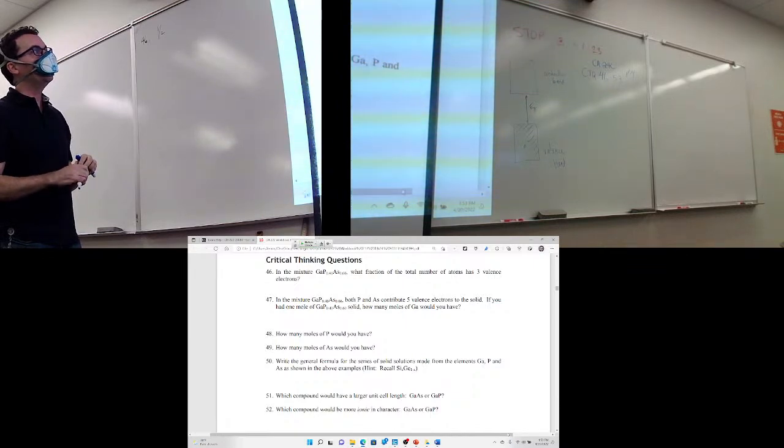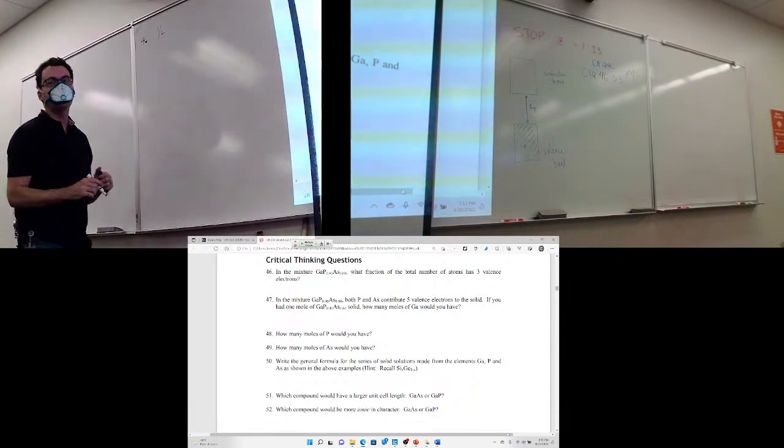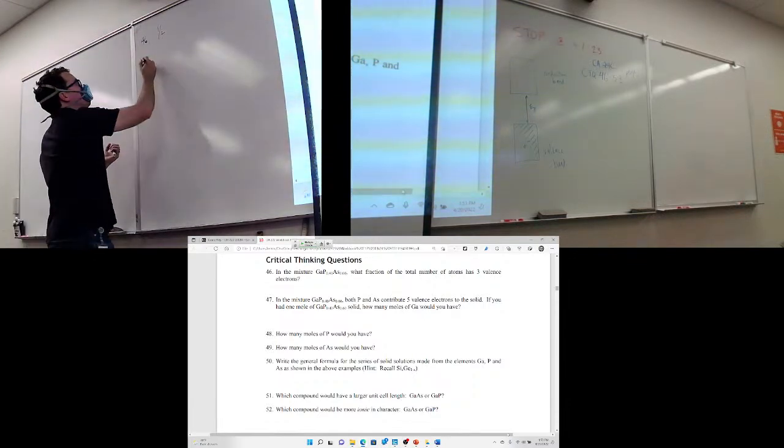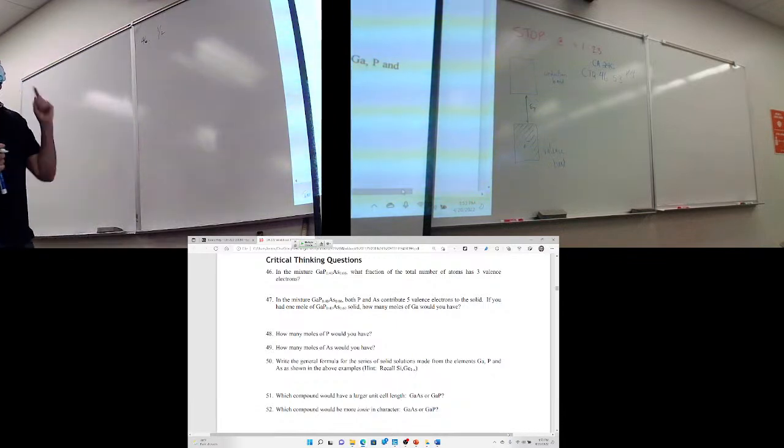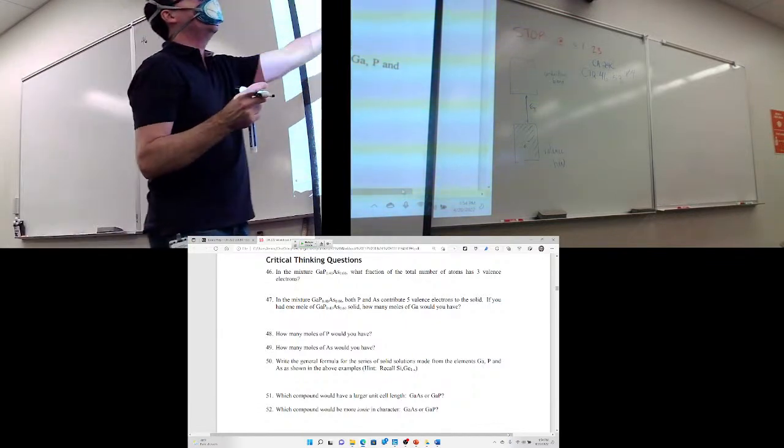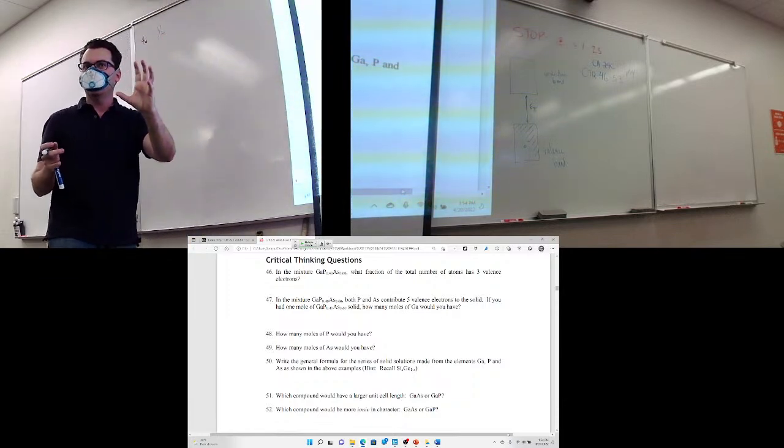If you had 1 mole of this stuff, how many moles of gallium would you have? Half a mole. Actually, no, wait. Sorry. If I had 1 mole of this formula, then I would have 1 mole of gallium.